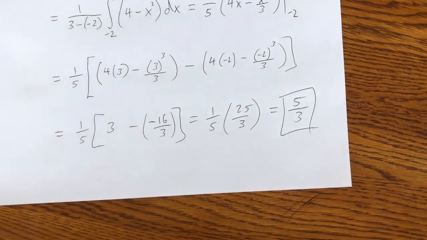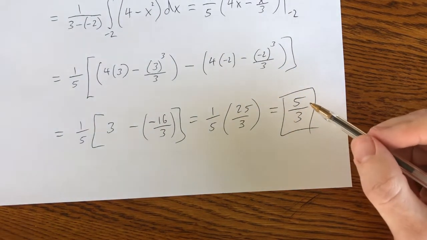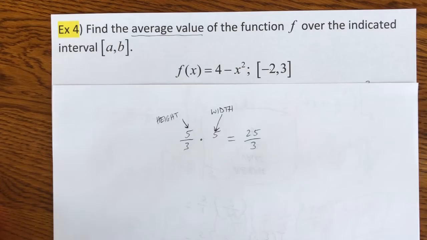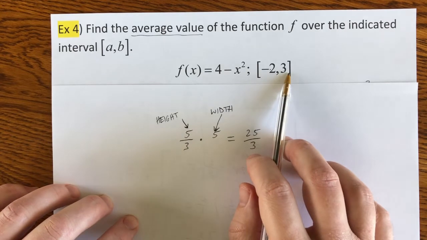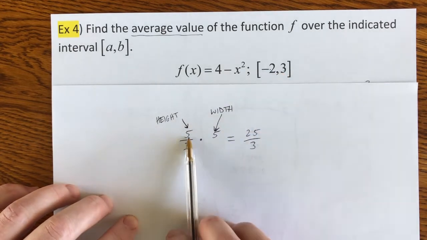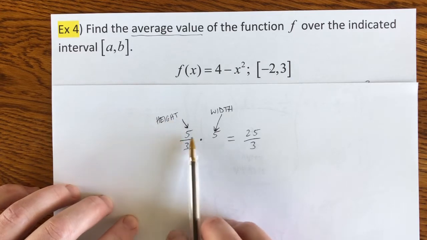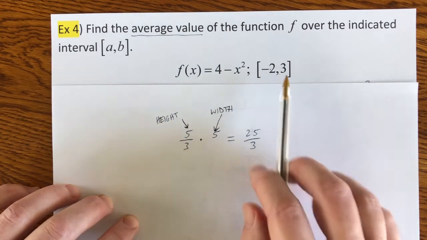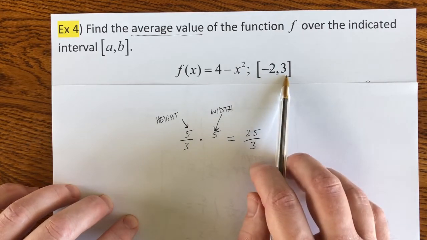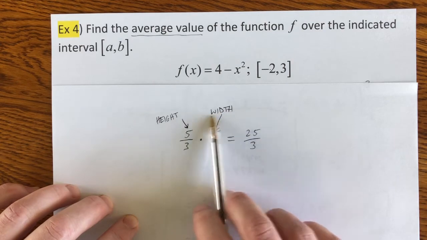Now, just to show you briefly, again, the meaning of this, if we were to look at the average value of this function over this interval, you would get this for your average value, same as the height. Notice if you take the height, 5/3, what we just came up with, and multiply it by the distance from -2 to 3, which is 5, that's your width.